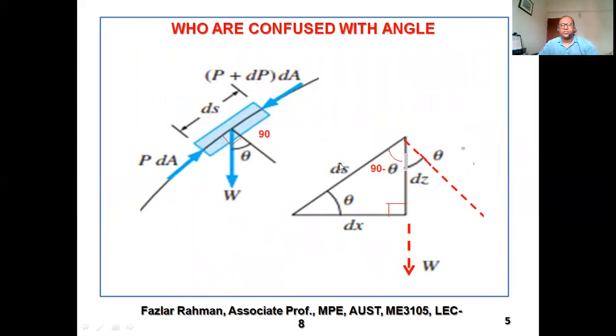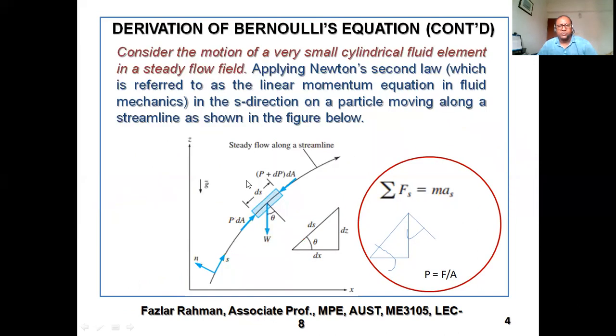Before that, we show how we got this angle. This fluid element is moving along this direction. If I make a triangle over here, then what is the horizontal distance?